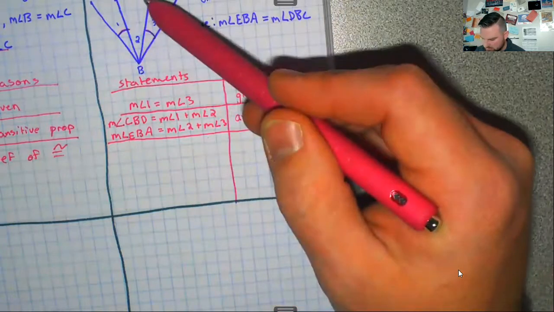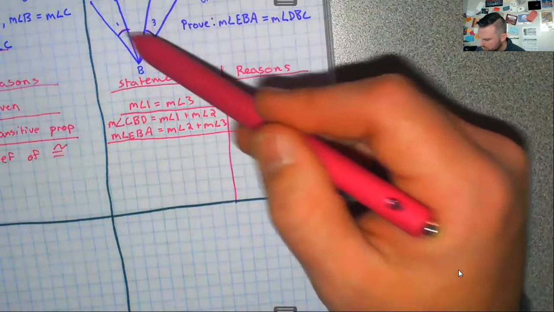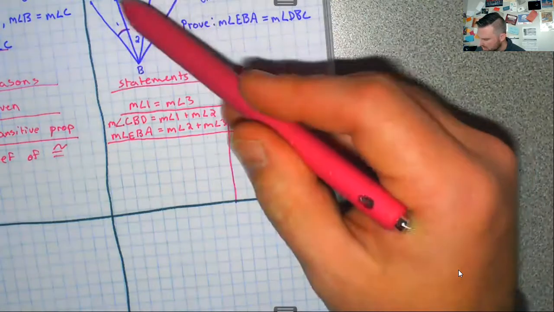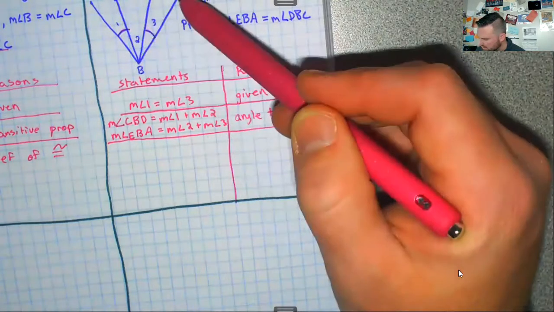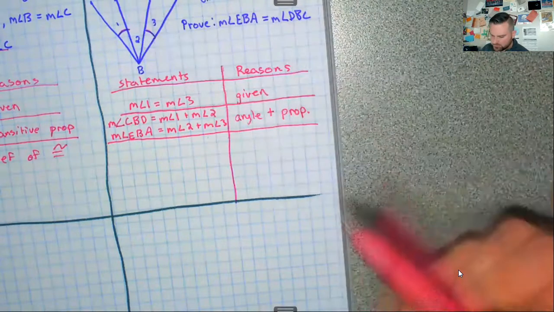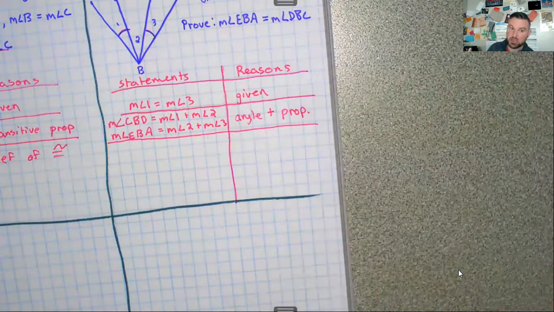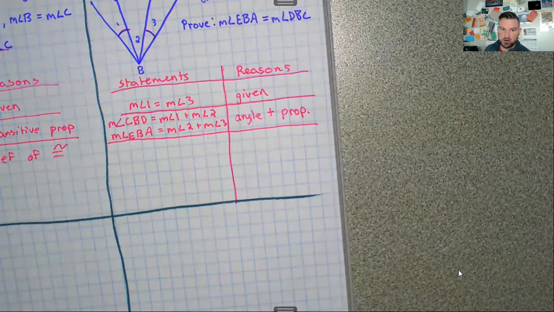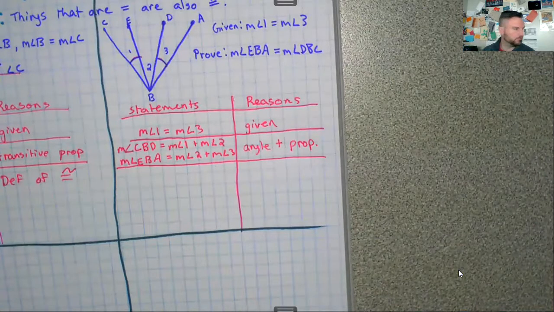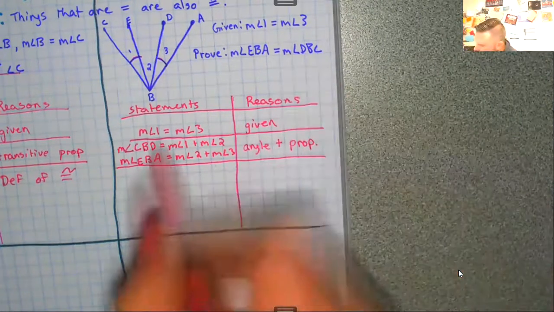CBD is 1 and 2. And EBA is 2 and 3. So we can do some substitution here.